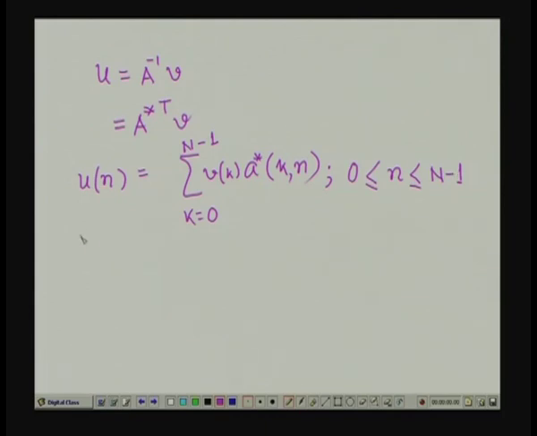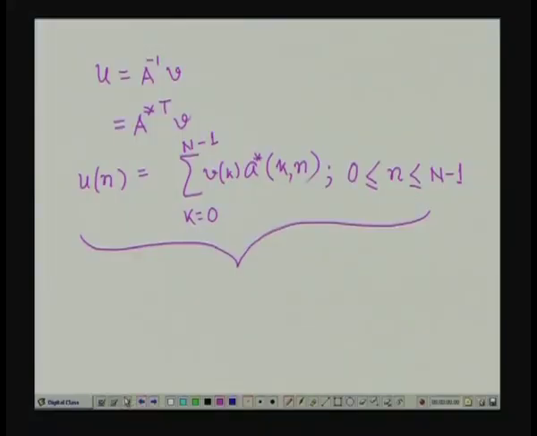And this expression says that the input sequence u n is now represented in the form of a series summation of a set of vectors or orthonormal basis vectors. So, this is what we get in case of one dimensional sequence. Now, let us see what will be the case in case of a two dimensional sequence.